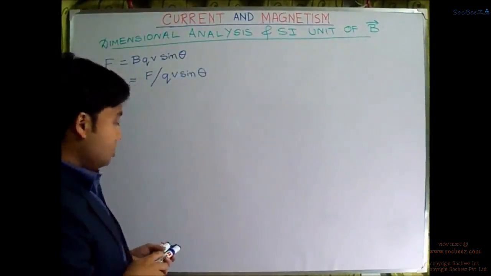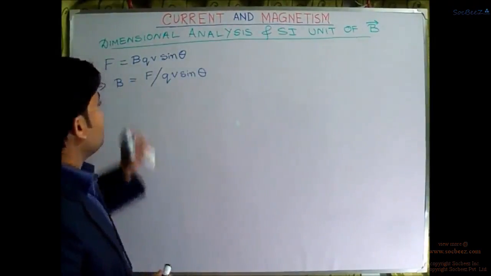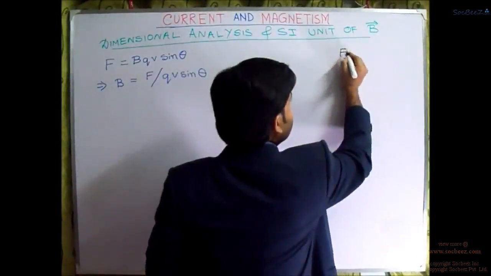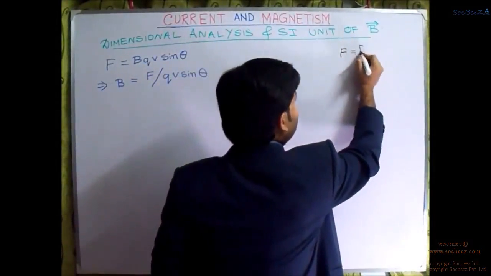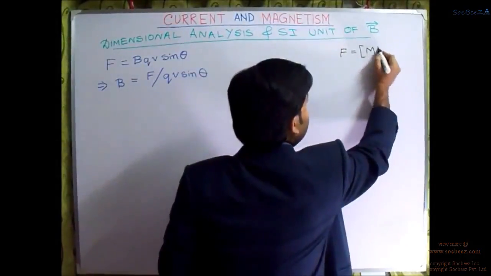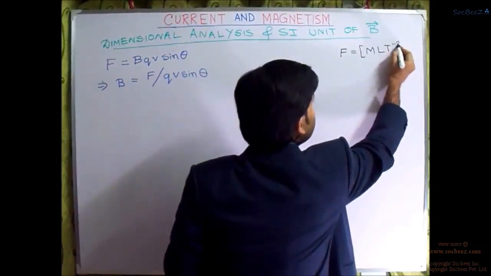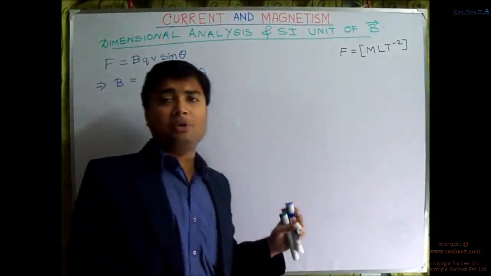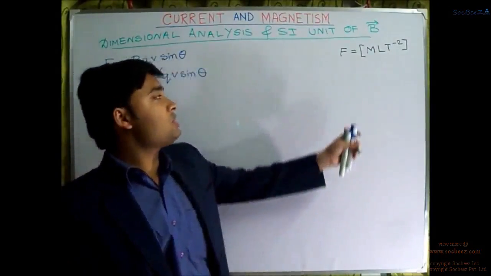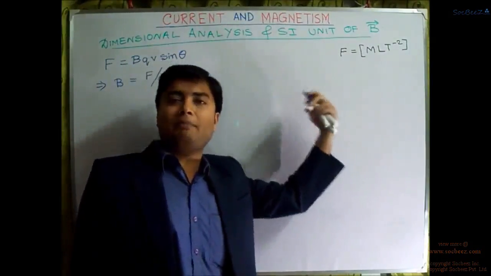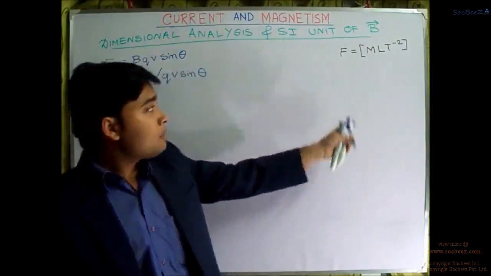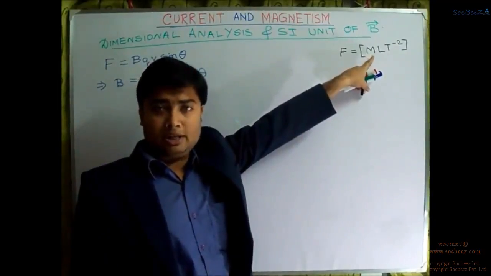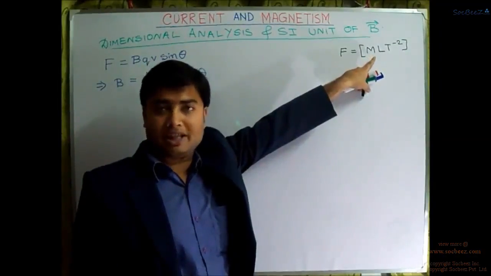Now, as we know, the dimensional formula for force is M L T to the power minus 2. Why? Because the SI unit of force is Newton, and force is equal to mass multiplied by acceleration. So M stands for mass, and the SI unit of acceleration is meter per second square.